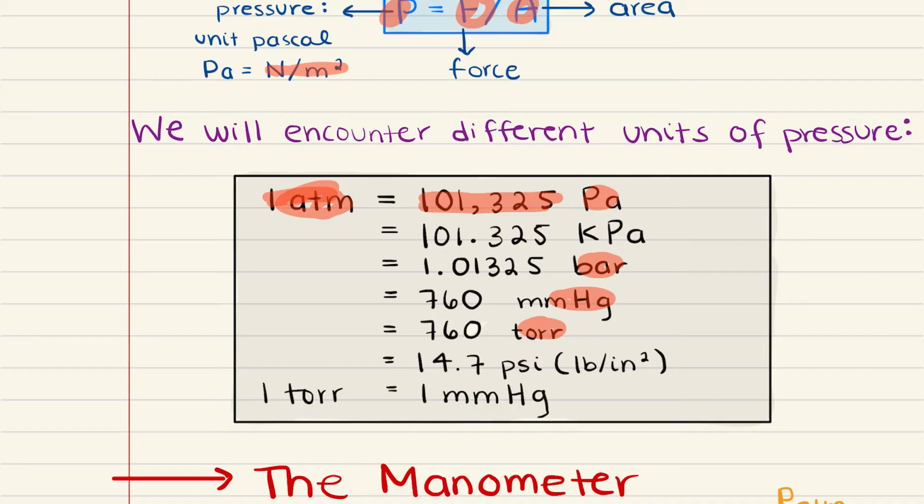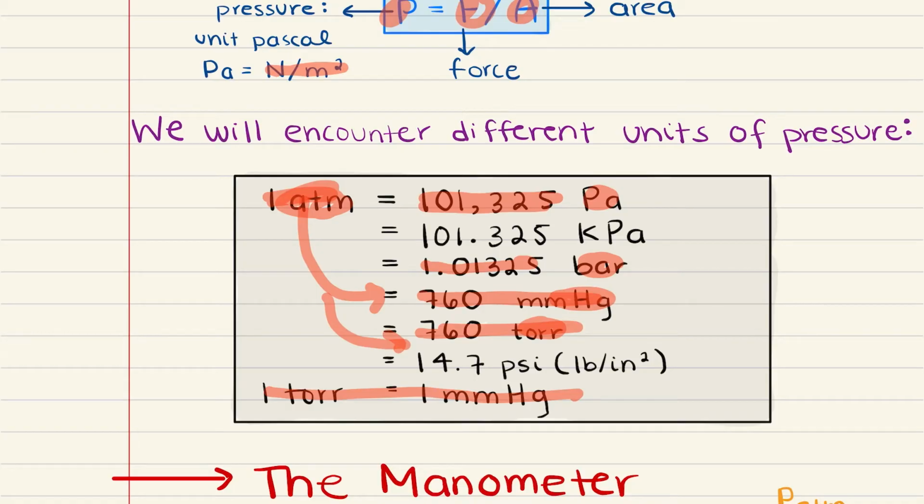It is also equal to 1.01325 bar. 1 atmosphere is also equal to 760 millimeters of mercury, and it's equal to 760 torr. 1 torr is equal to 1 millimeter of mercury. Please spend some time familiarizing yourself with these units. Commit some to memory. It'll definitely be worthwhile. We're also going to tackle many different kinds of problems that are going to help us practice.